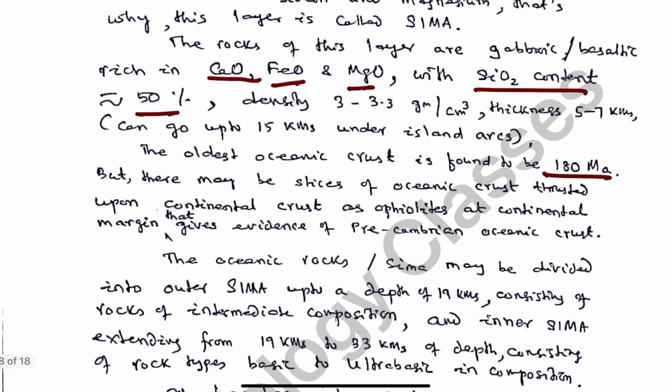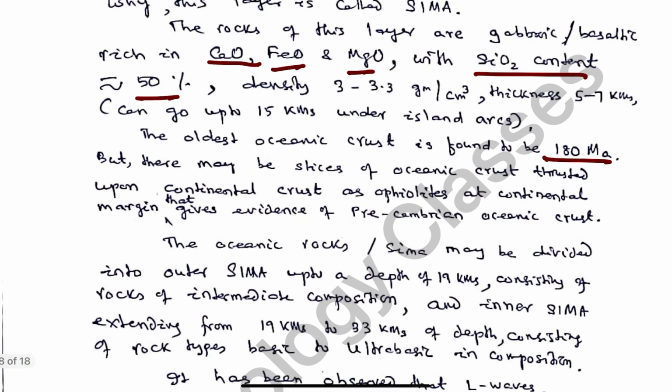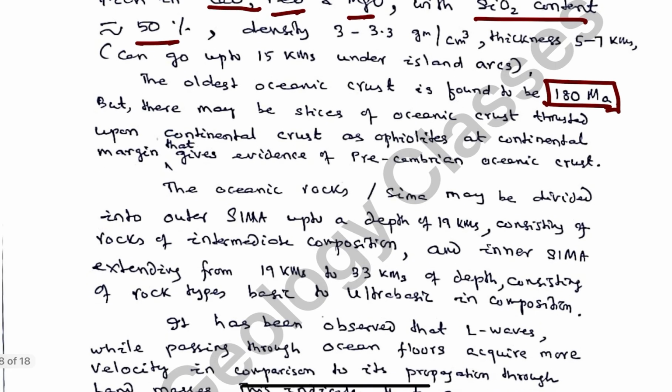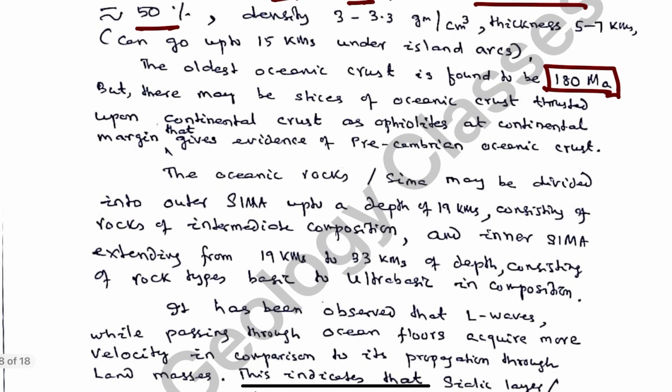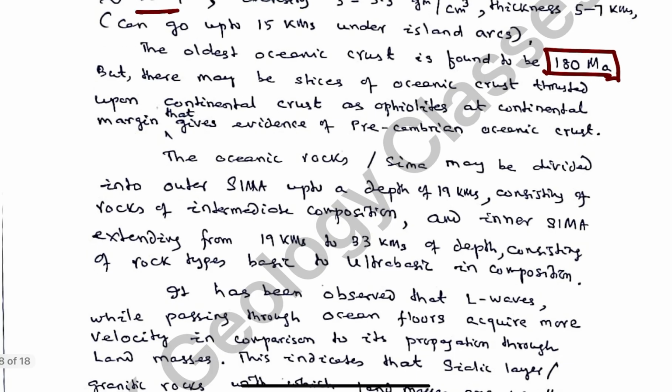The old oceanic crusts have been destroyed in the course of the evolution of the Earth from time to time, and that's why the maximum age of the oceanic crust is around 180 million years. Before that, the oceanic crust was there, but that has been destroyed during the plate motion, in which the oceanic crust has been created at the mid-oceanic ridges.